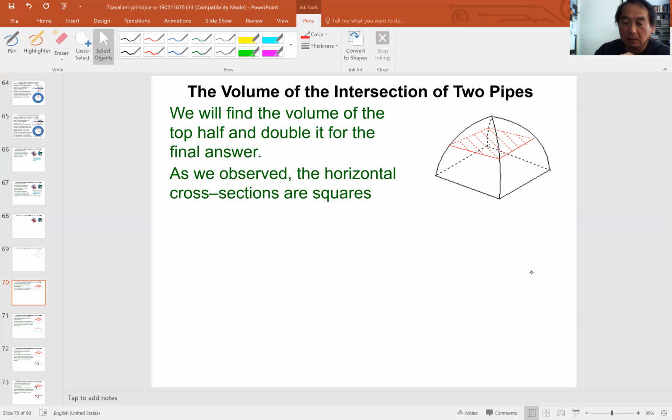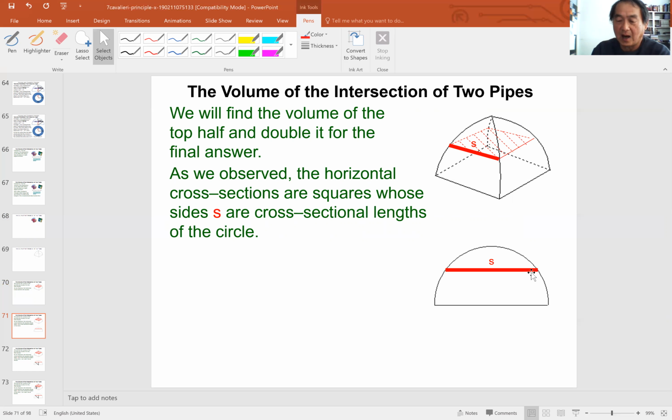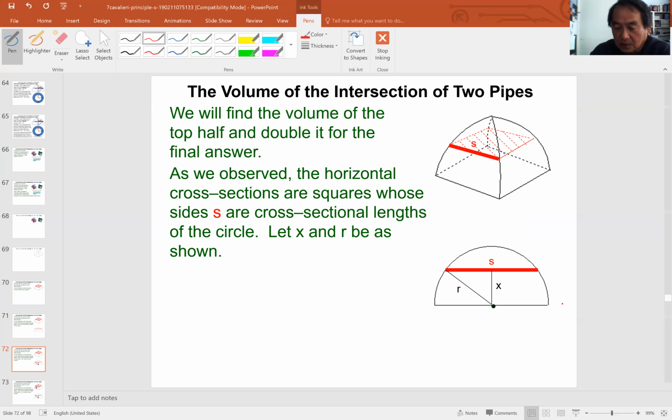Take a slice. I want to know the cross-sectional area. In terms of what? Well, I have to set up my x-axis. That's 0, going down x, down to r.